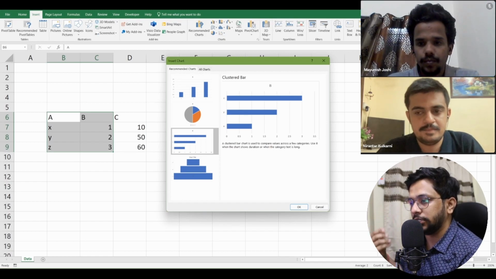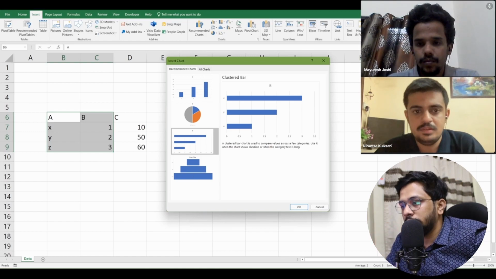What is the use case of a bar chart in your mind? Bar charts represent the categories and the count of those categories. If there are a number of categories available and we want to check the count of each one of them in our data, we can use a bar chart for that.